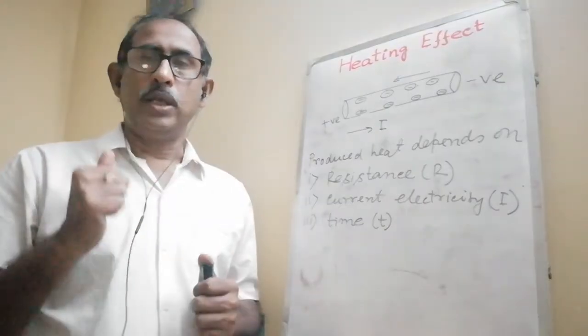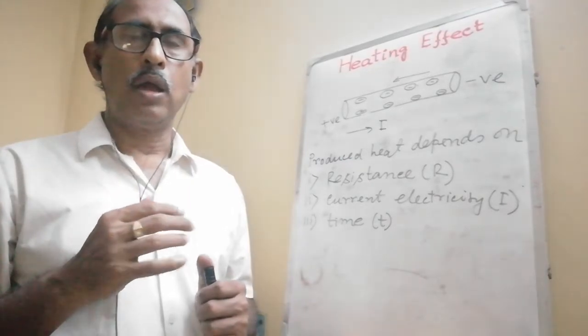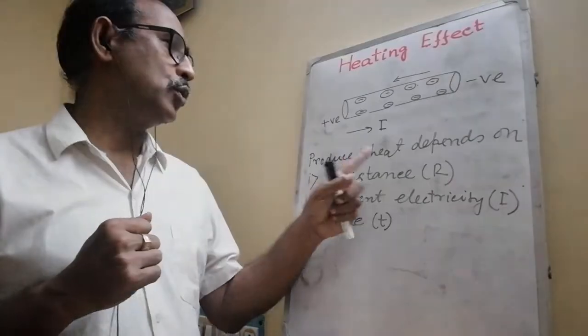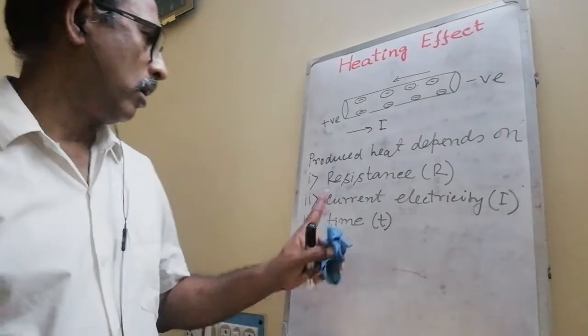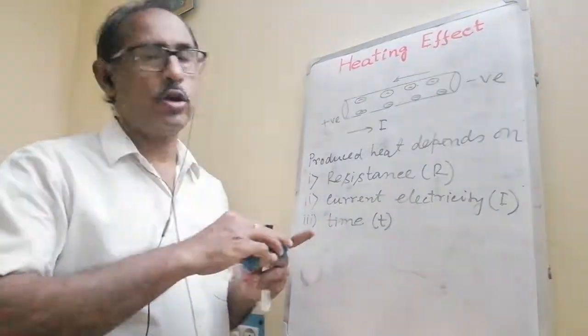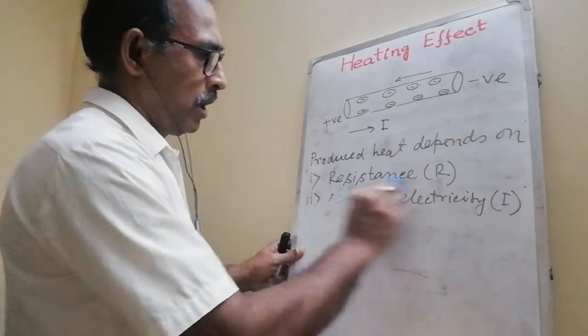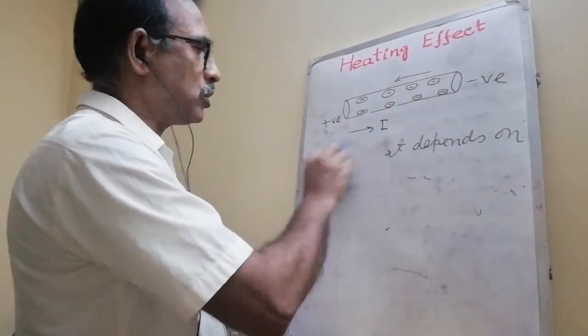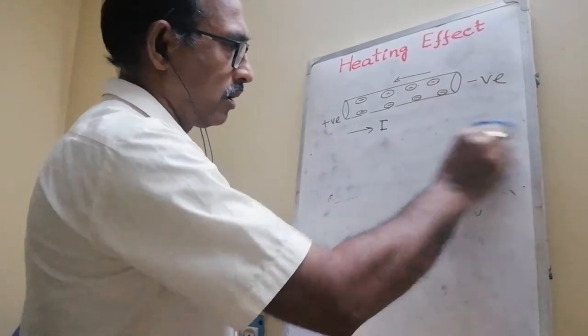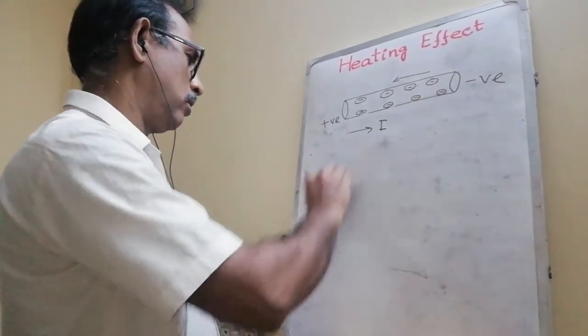Now the other question is, how does the produced heat depend on resistance, on current electricity, and on time? To know this, you have to study Joule's law.